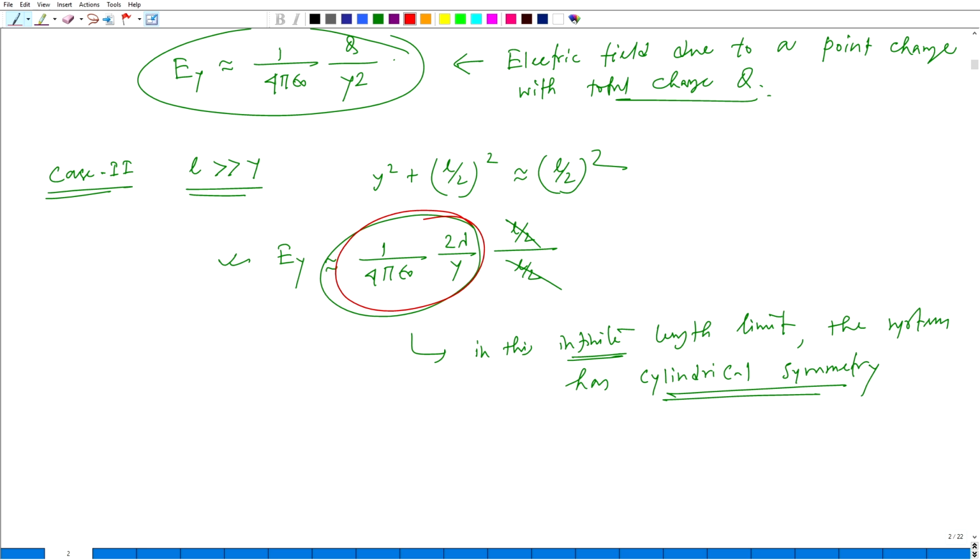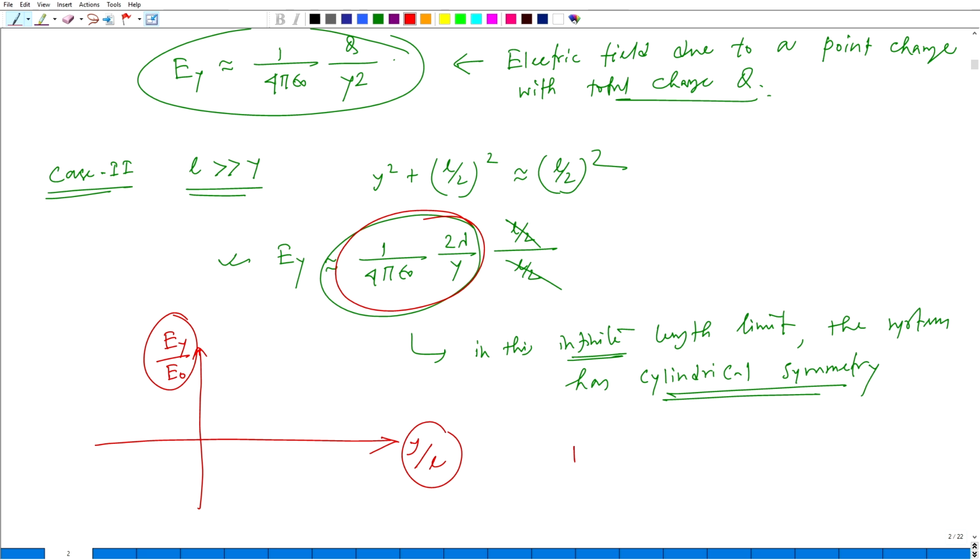Now if we plot E y as a function of y, we plot E y by E naught against y by L. We divide to make the variables dimensionless, so that y by L is dimensionless and E y by E naught is also dimensionless.